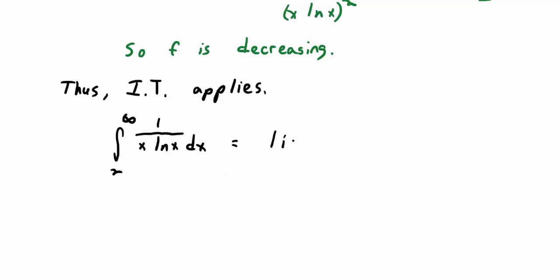OK. So the limit as what goes to what? B goes to infinity of the integral from 2 to b, 1 over x natural log x dx.